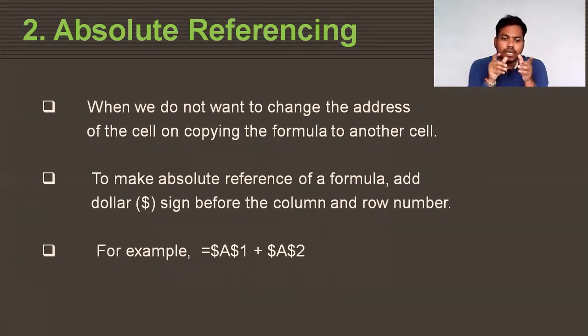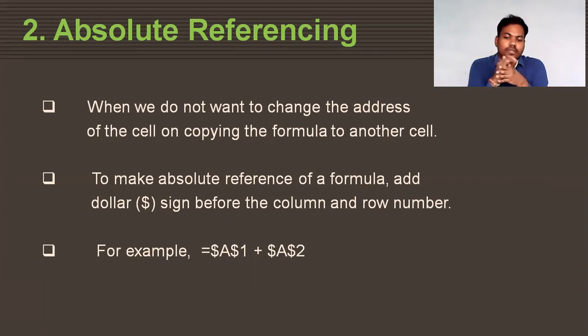But if you don't want to change the address of the cell on copying the formula to another cell, it will automatically take the relative one, but you don't want it. You want to access the data from exactly the same cell. You don't want to access the data from the relative cell. So what will you have to do? You have to use absolute referencing.